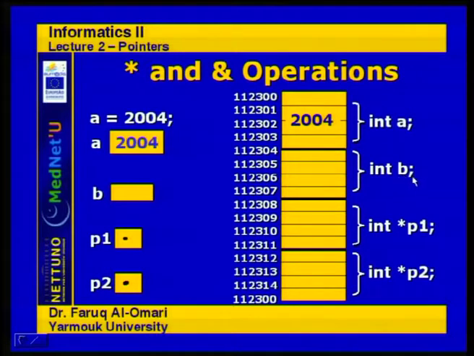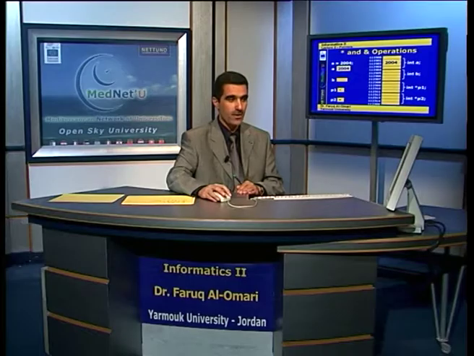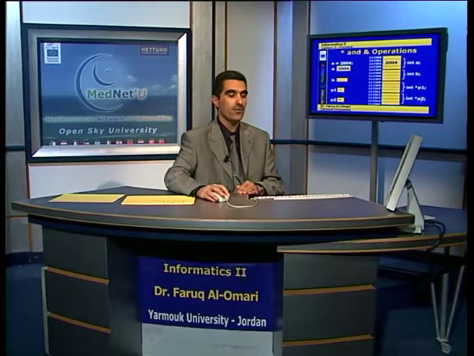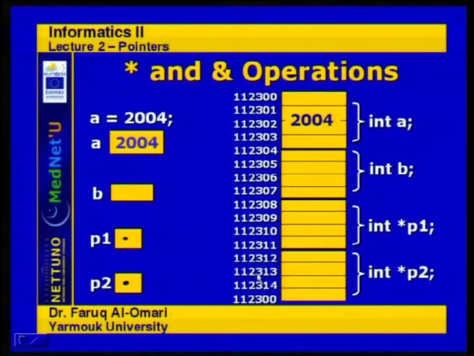So b will refer to the content of these 4 consecutive locations. Same thing in here. But in here, I'm defining a pointer variable. So whatever I'm going to have in here actually is the address that P1 is pointing to, rather than the actual value. Same thing for the pointer P2.